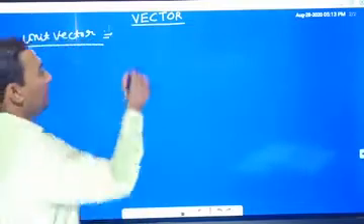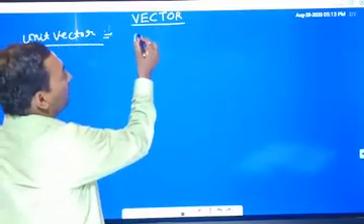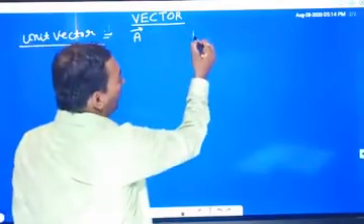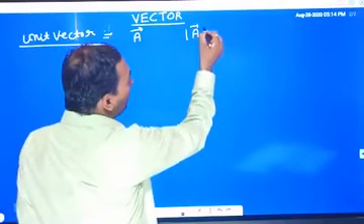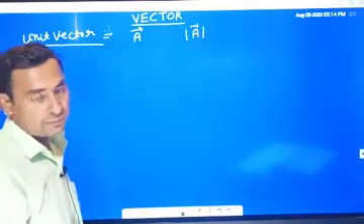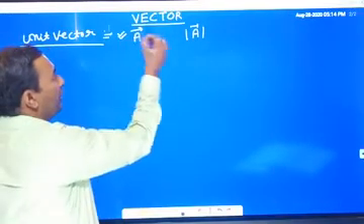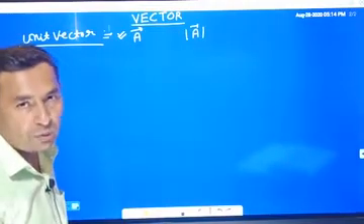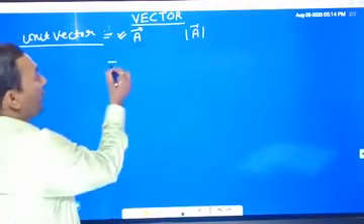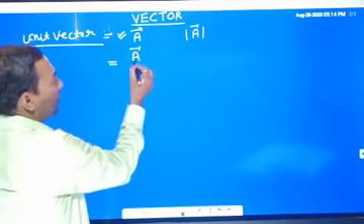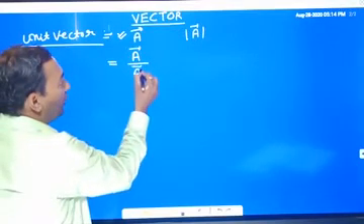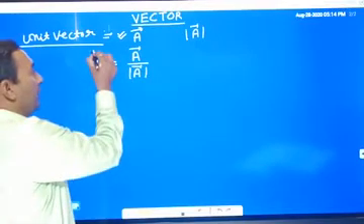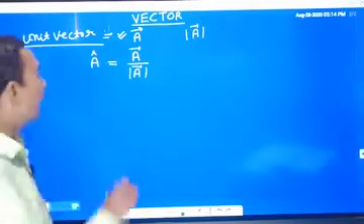Let us take an example. If a is a vector quantity, then modulus of a is the magnitude of this vector quantity. If we divide a vector by the magnitude of a vector, then we get a unit vector, and a unit vector is represented by a cap.